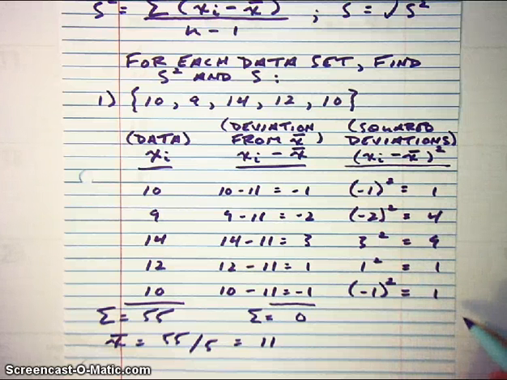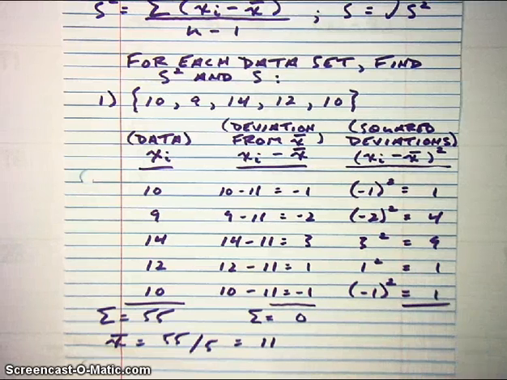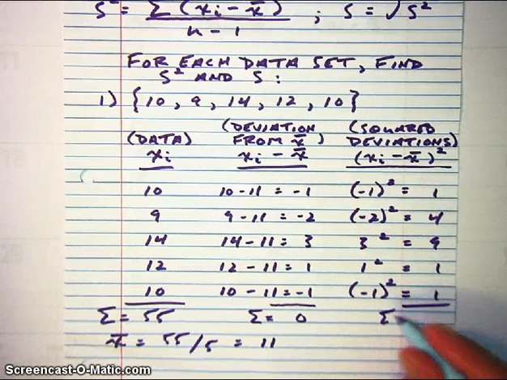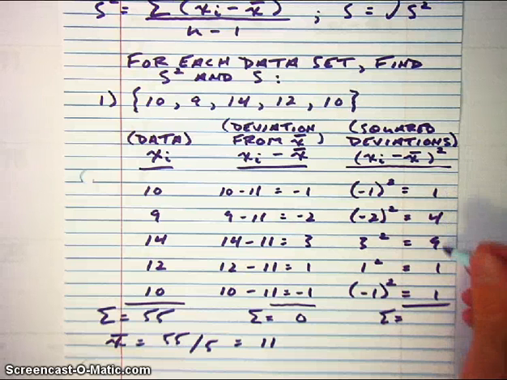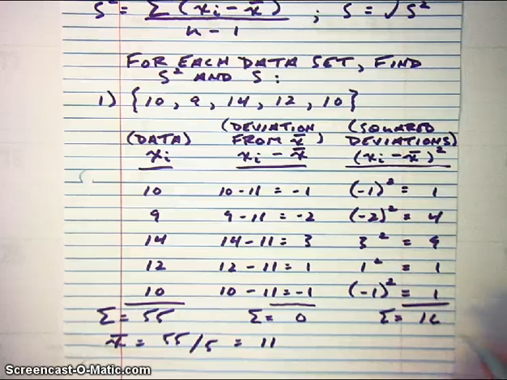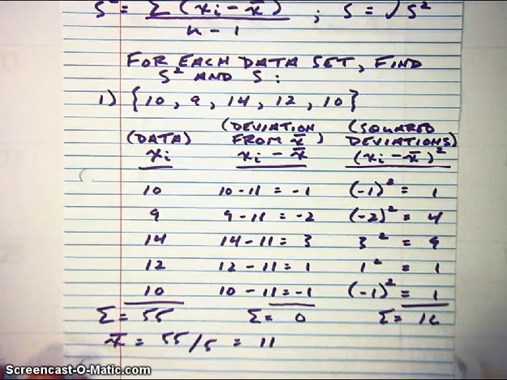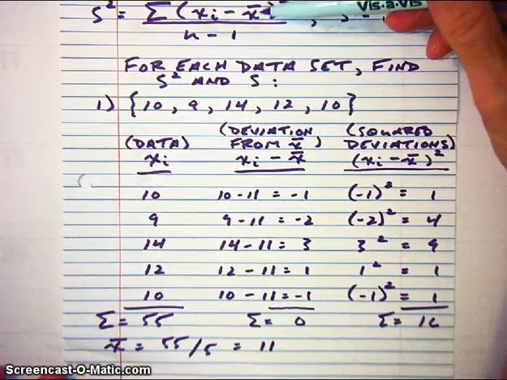All these squared deviations are non-negative, and therefore when we add them up we will get a number that is non-negative. The sum of these values, 1 plus 4 is 5, plus 9 is 14, 15, 16. So that's the sum, and that's what goes in the top of this formula.